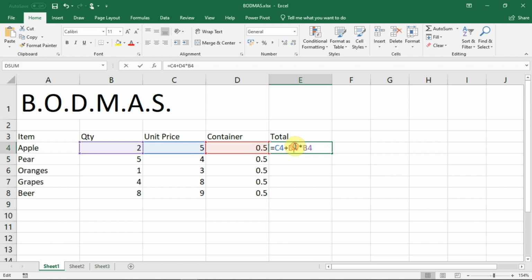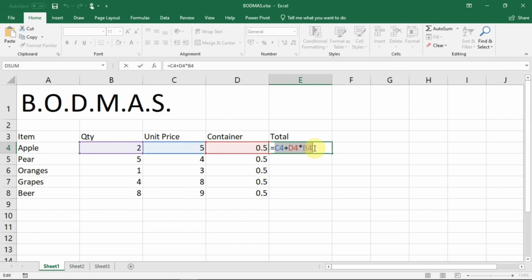Well, the reason is, if we go by BODMAS, there's no brackets, there's no order, there's no division, but there's a multiplication. That's the first thing it does. Excel assigns a higher priority to this part of the formula than it does to this. So it won't do this formula left to right. It won't say 5 plus 0.5, which makes 5.5, then multiplied by 2.